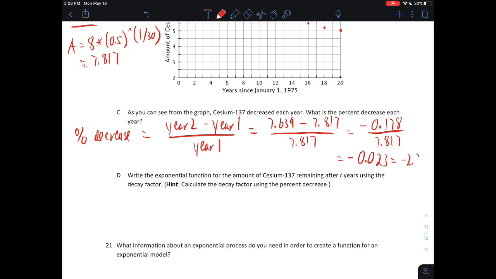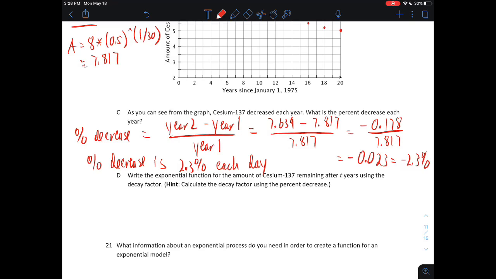Negative 2.3%. So what is the percent decrease? Is 2.3% each year. And remember, the negative is implied with the word decrease.